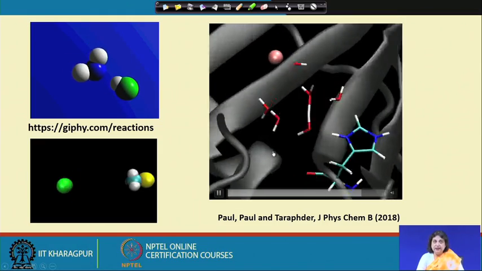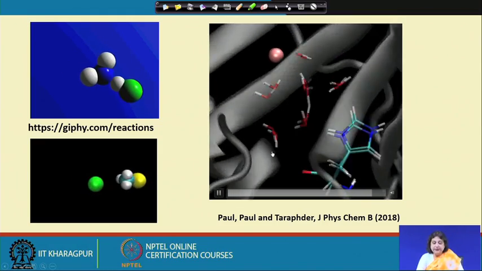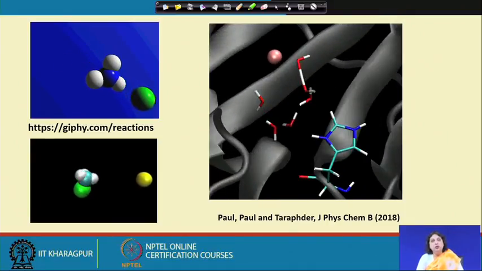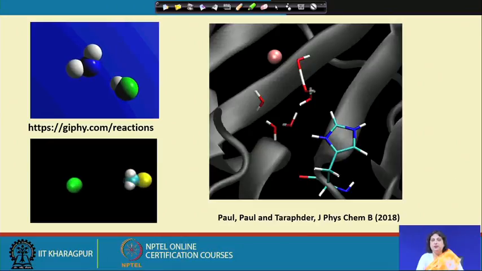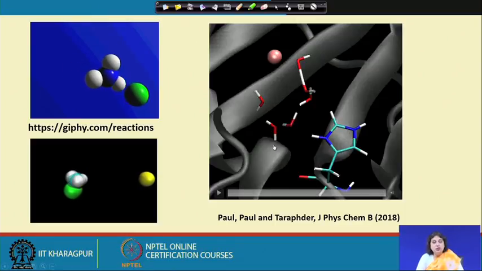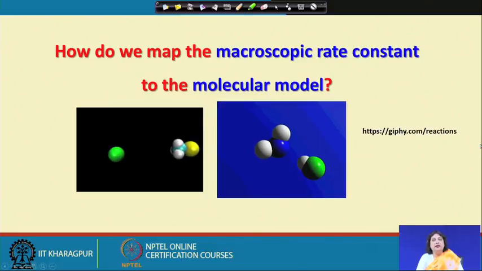So, as you see, the system is undergoing a series of transformations whereby it goes through a very large number of microscopic states. Therefore, if you want to find out that macroscopic rate constant, you need to take into account all these microscopic states that are available to the system.